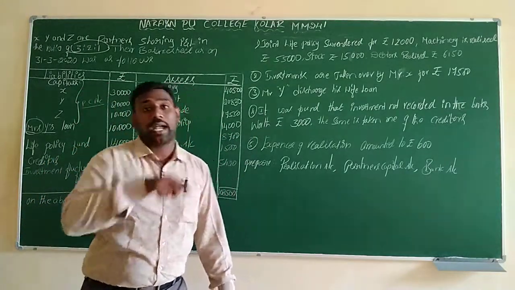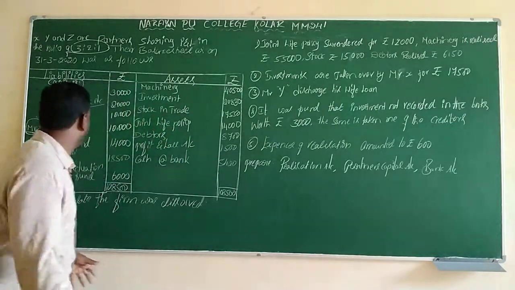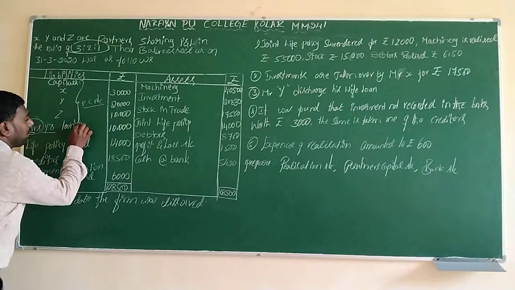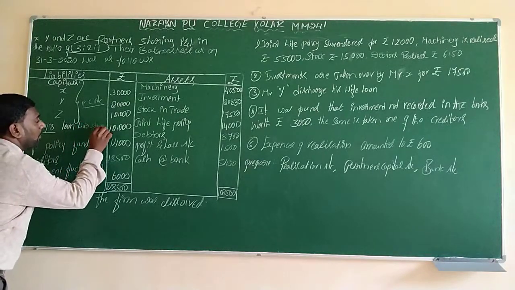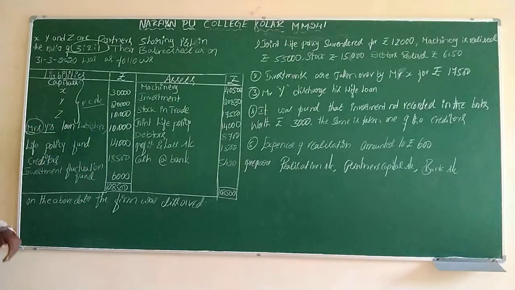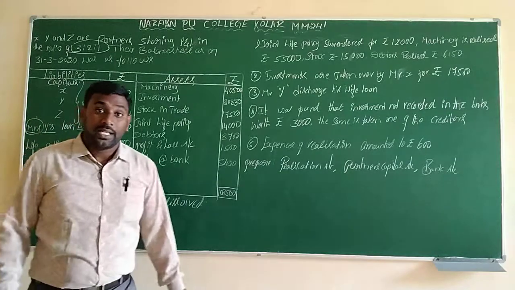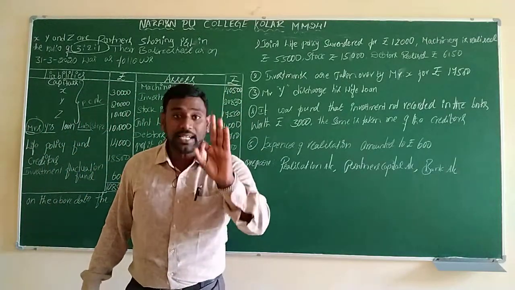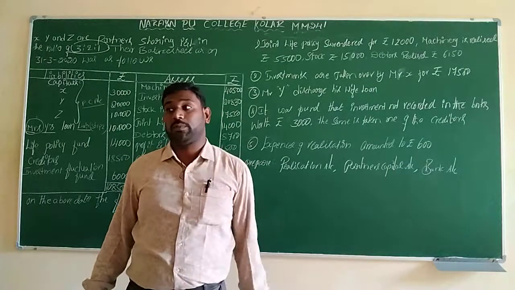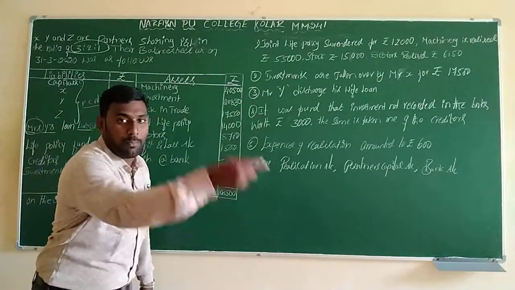If any loan has been taken from anyone other than the partners, it will be considered as a liability. It will come in step 2 of the realization account. So this will be considered as a liability. If X's loan, Y's loan, Z's loan are given in the question, we can imagine that it belongs to the partner, so it will come to the bank account.